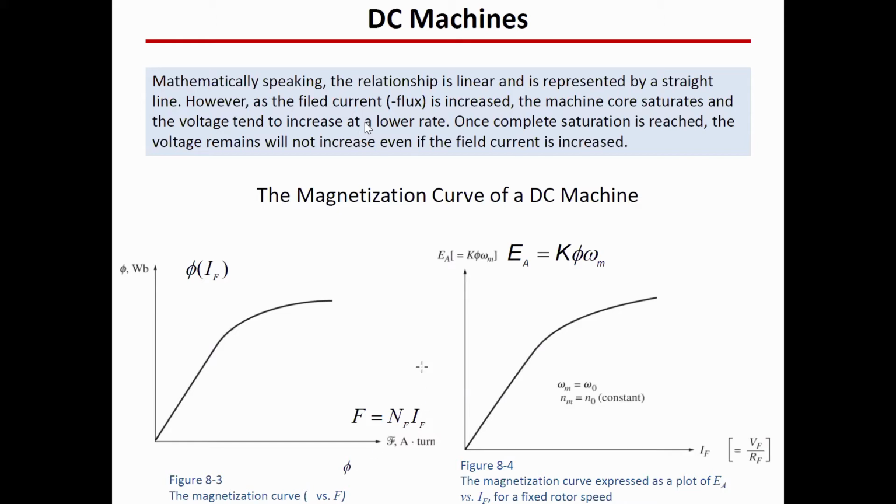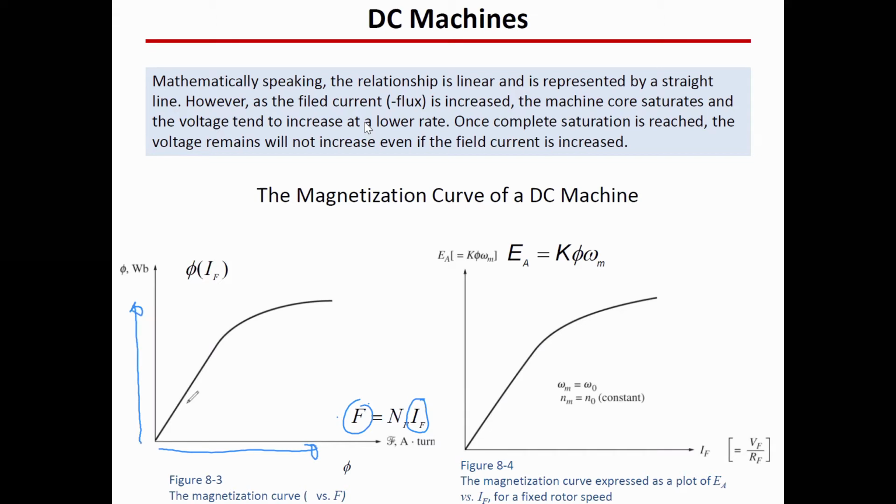So when you increase the field current, you are generating MMF, and as a result, you are generating flux. But we know that this is not a linear relation. This will follow the BH curve, and you have the saturation region at certain point.